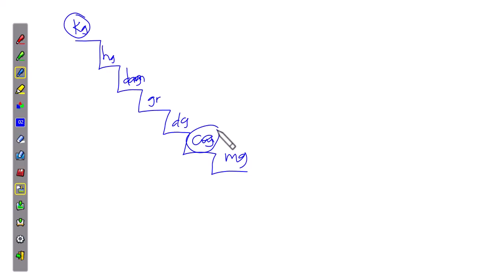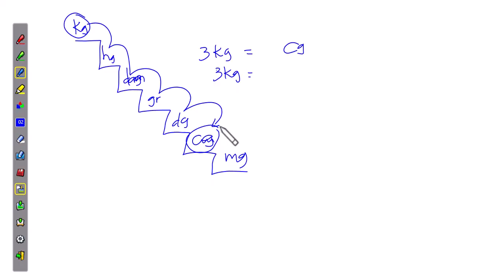For example, we want to find the result of 3 kilogram to centigram. Then we will have 3 kilogram equal to 1, 2, 3, 4, 5. 5 steps. 3 times 10 to the power of 5.